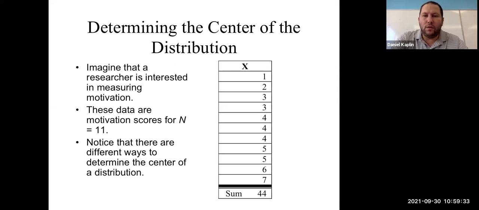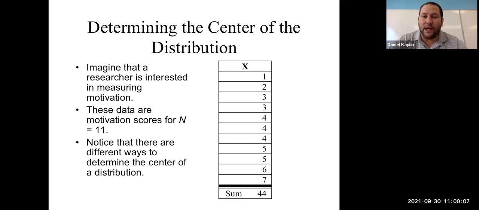Here I've presented a set of scores, and I'm going to turn it into a frequency distribution with 11 participants. So we had one person say 1, one person say 2, 2 people say 3, 3 people say 4, 2 people say 5, one person say 6, and one person say 7, right? So this could be a frequency distribution.